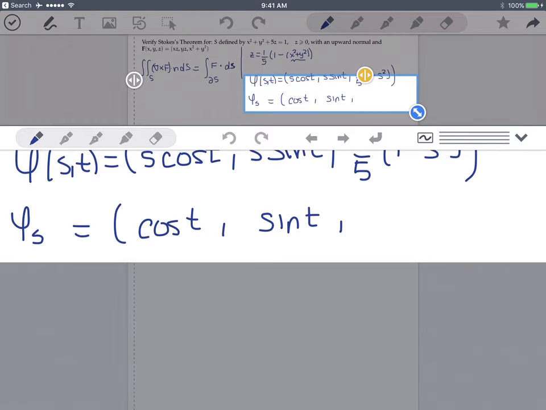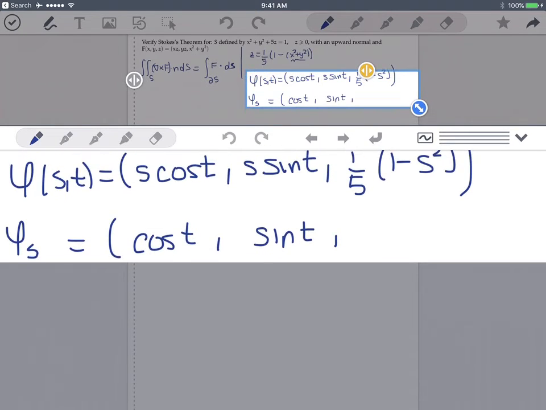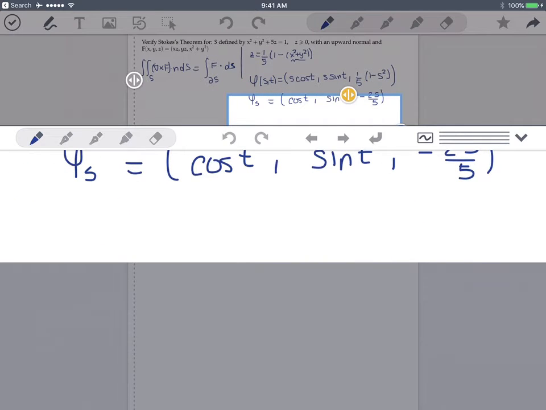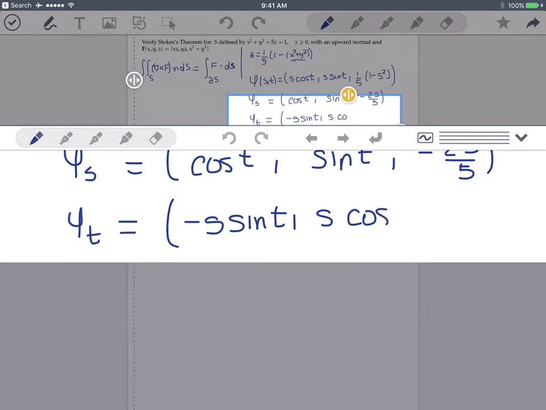And the partial of the third component with respect to s gives us negative 2s over 5. Okay. Now let's do phi t. So this would be negative s sine t. This guy would be s cosine t. And this guy would be 0.